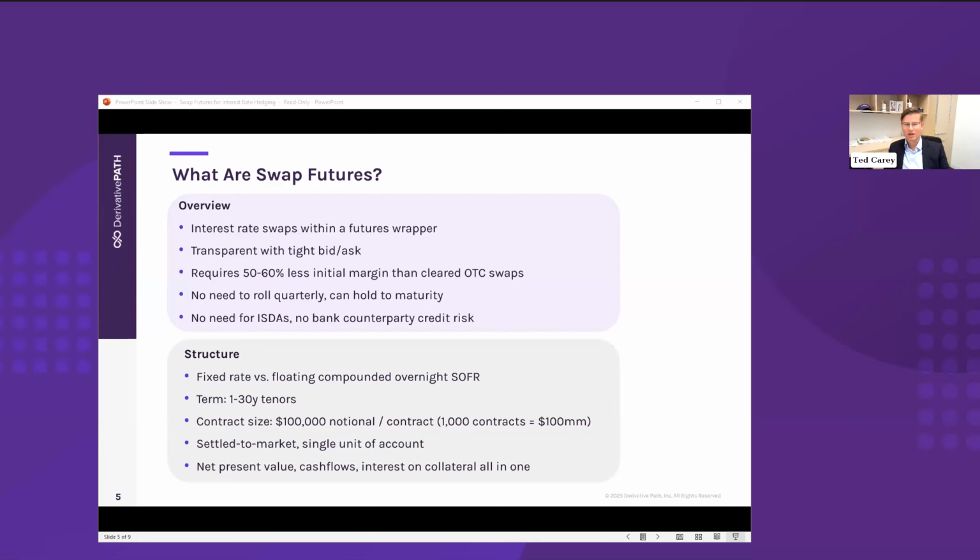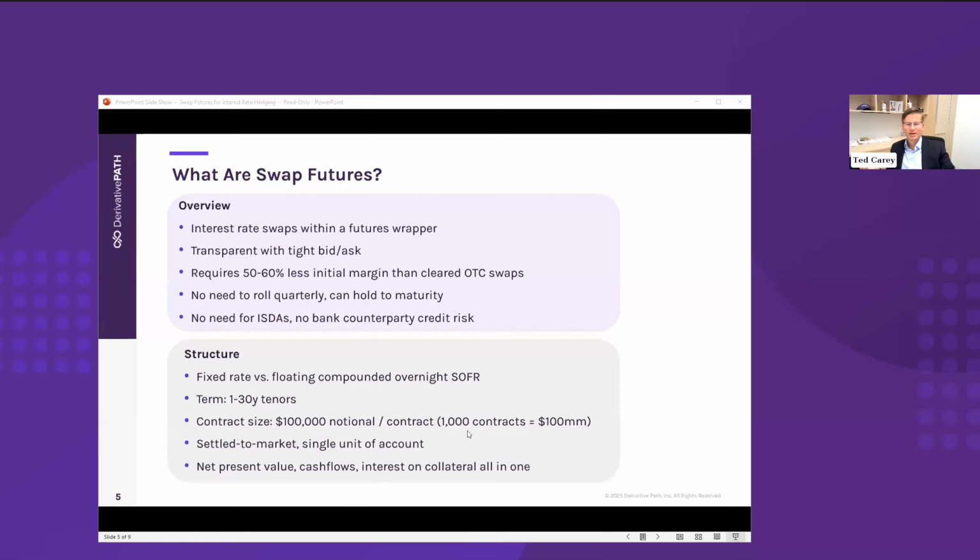One contract is 100K. One of the key aspects that's made it particularly popular is that the margin requirements, what CME has to collect as collateral, is roughly 50% of what an equivalent cleared swap is, due to the standardized and liquid nature of these instruments.